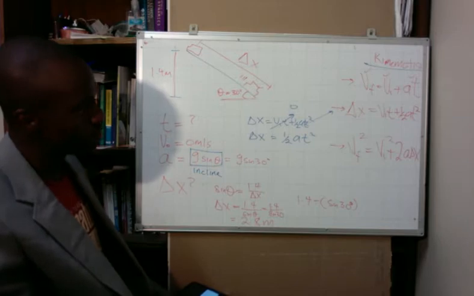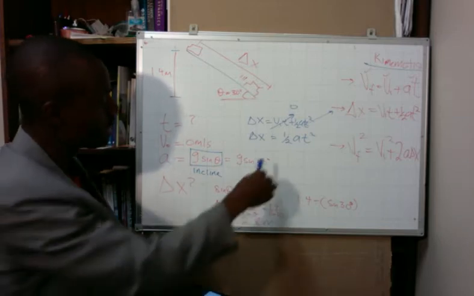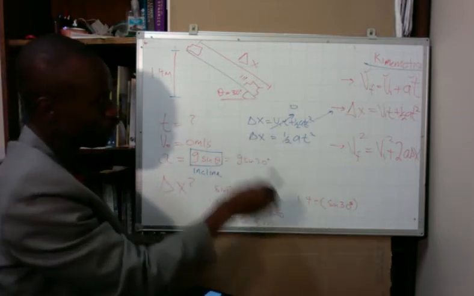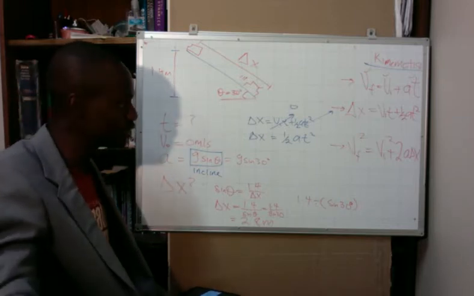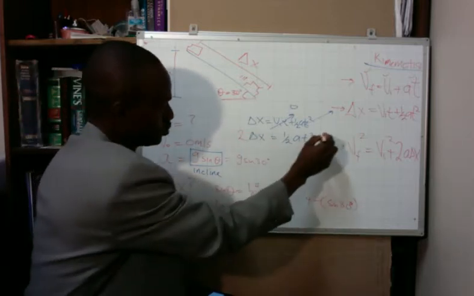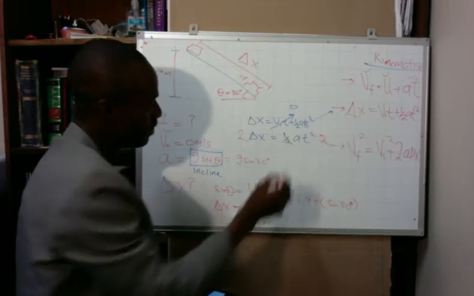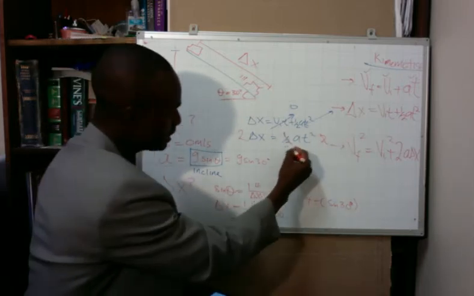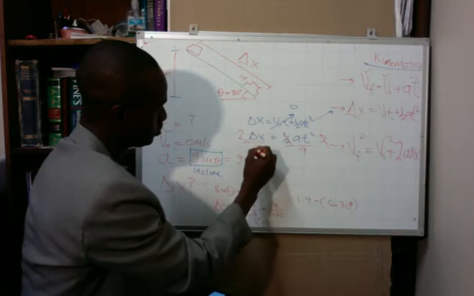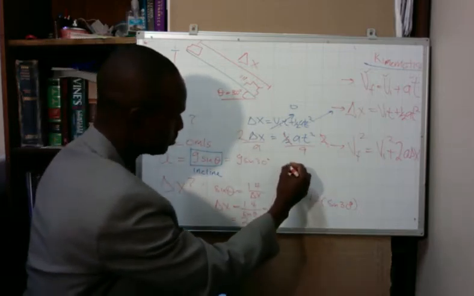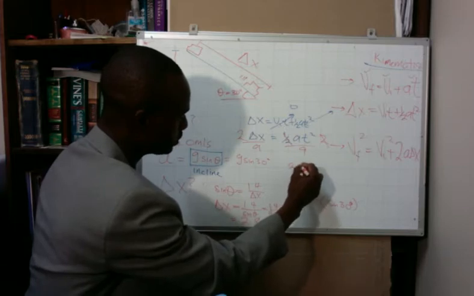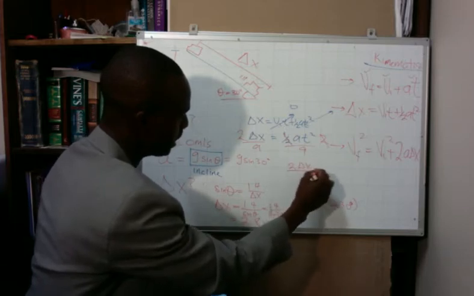As a general rule, it's better to solve for time before you plug in the numbers. And the way to solve for time is to multiply both sides by 2, so that gets rid of the half, divide by acceleration, and take the square root, so that the time is the square root of 2 delta x divided by acceleration.